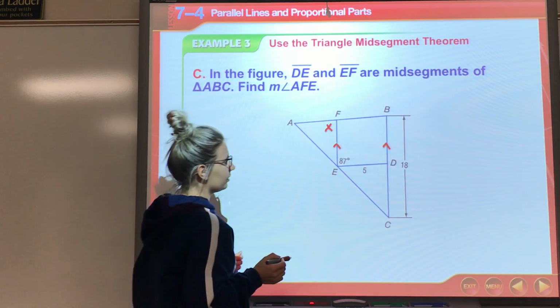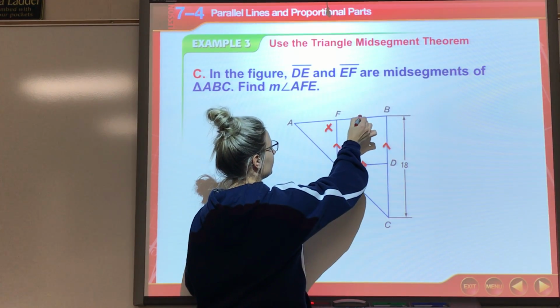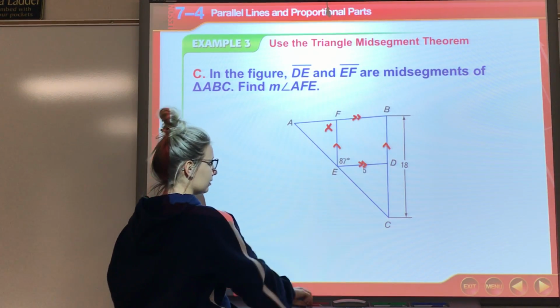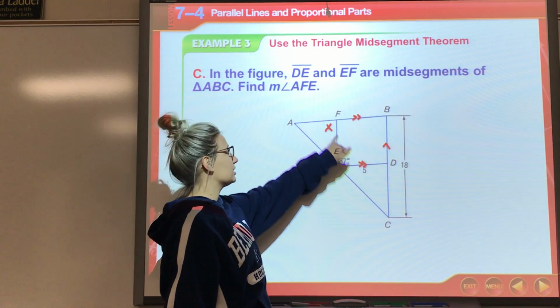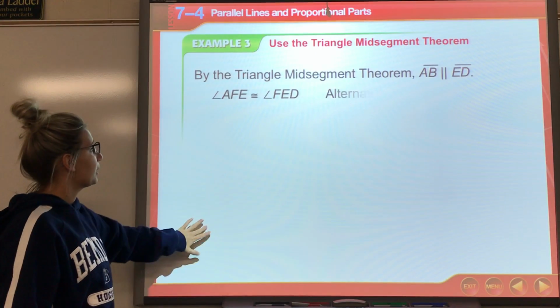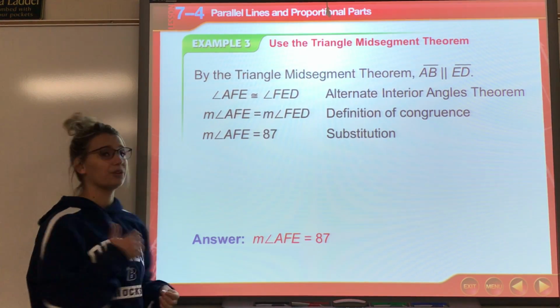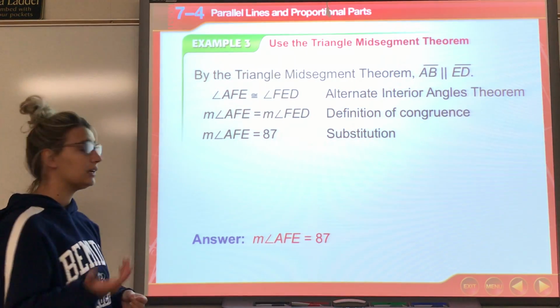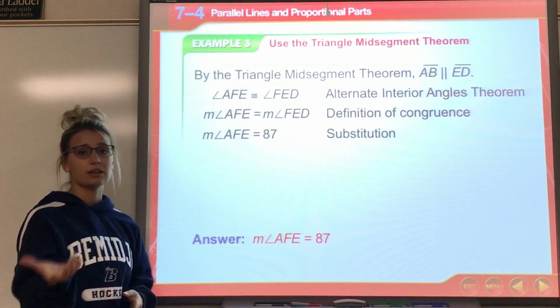If these are parallel, and this ED is parallel to AB, then this 87 will be alternate interior angles with this angle AFE. So over on the next page, they're going to talk us through that. The definition of congruence means that they're going to have equal measures. So we find that the measure of angle AFE is also 87.